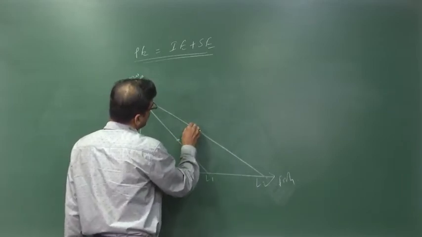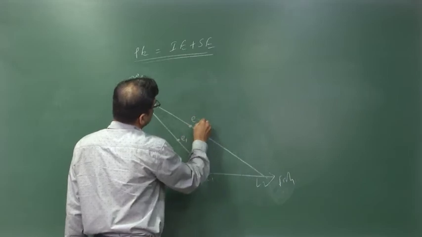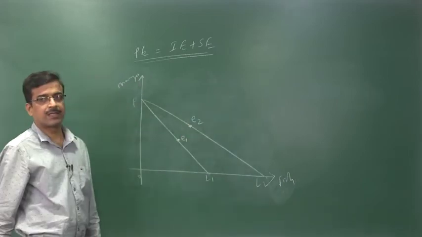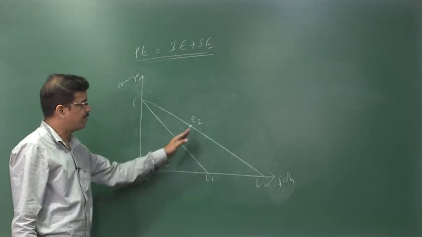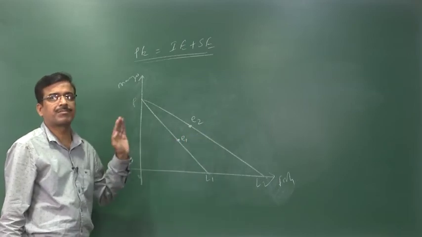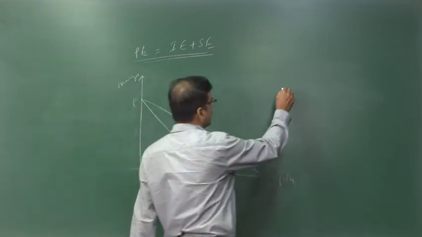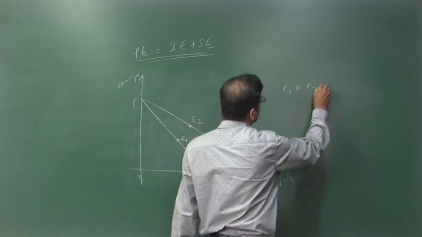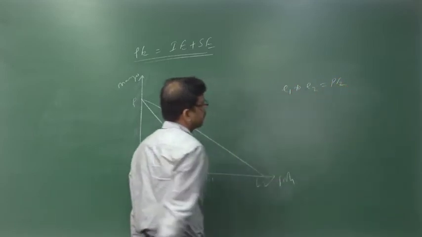Right now we take the new equilibrium as E2. The movement from E1 to E2 is called the price effect.